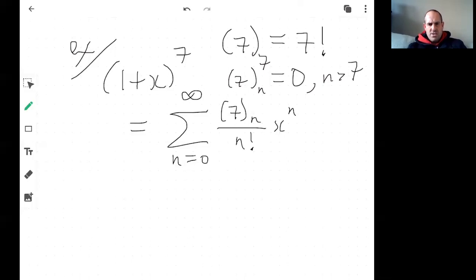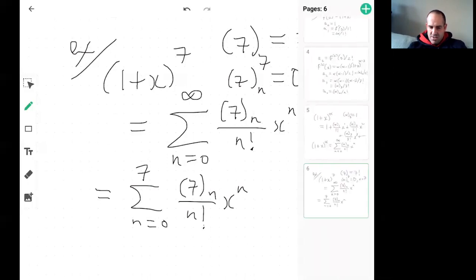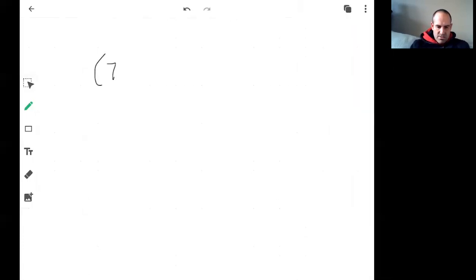That's interesting. So really, this is just a finite sum: the sum n going from 0 to 7 of 7 sub n over n factorial, x to the n. Let me go to another page to show you this. Let's think about what 7 Pochhammer symbol n over n factorial is actually equal to.